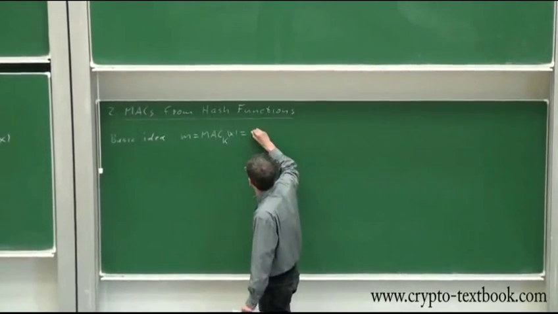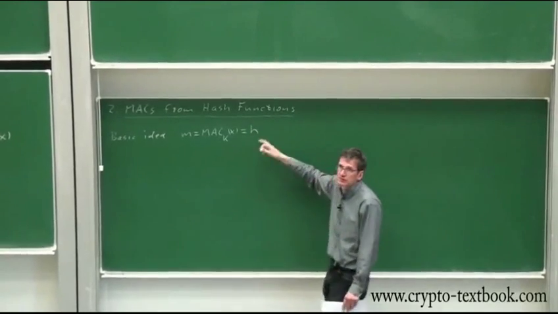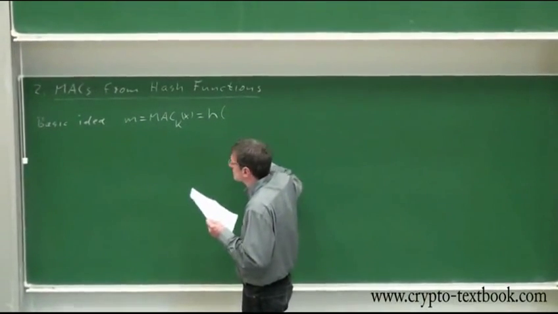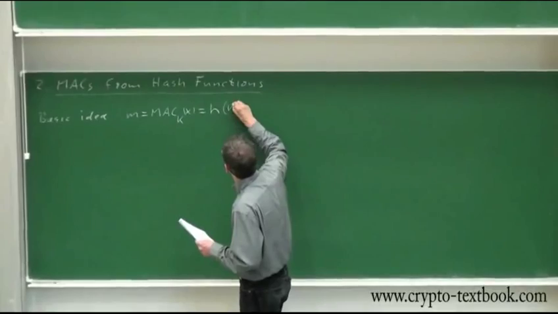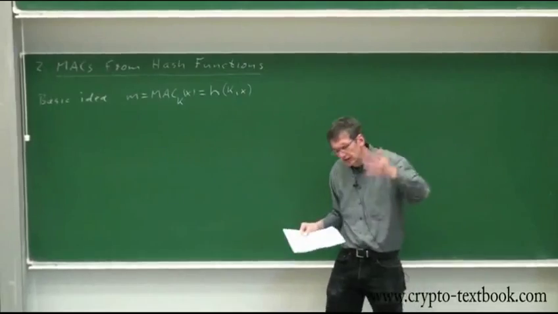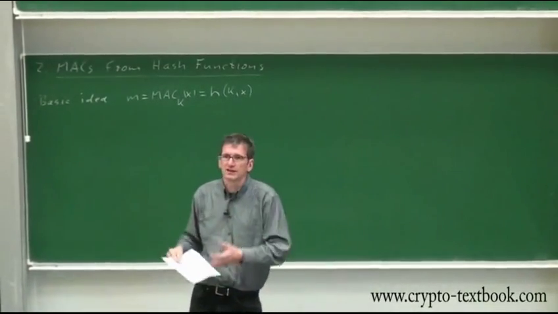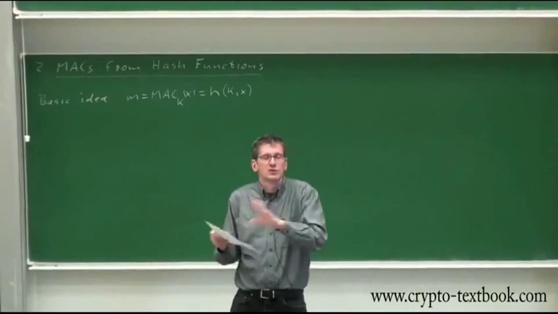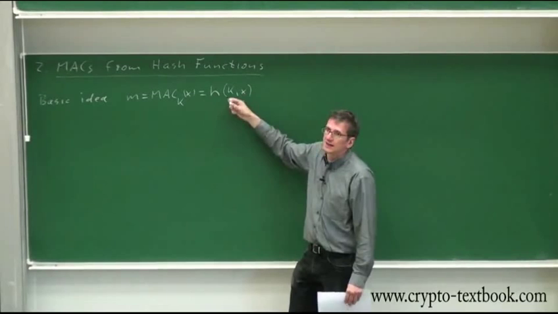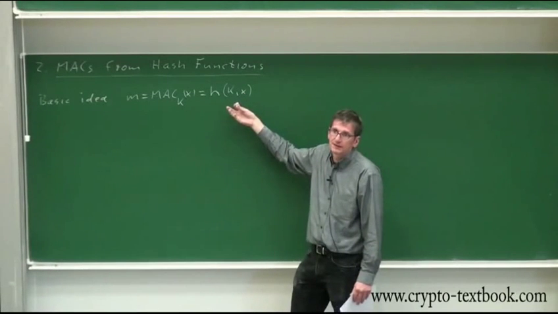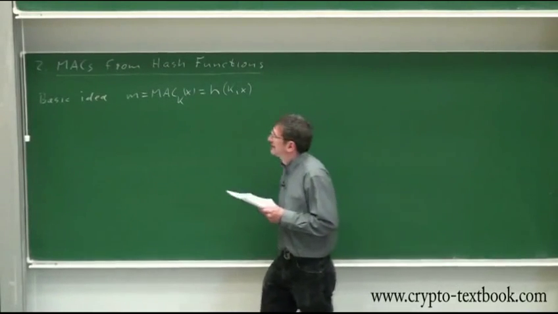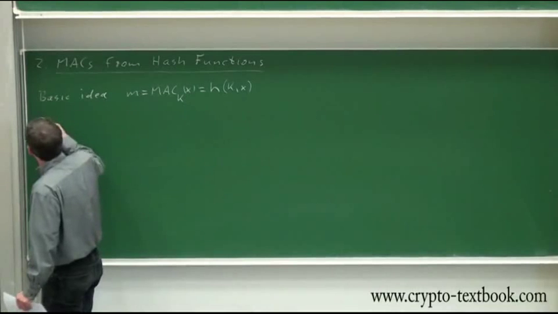And what we now want to do is somehow use this hash function, which we just call H. We use K and X as the input to the hash function. Hash functions are really good with scrambling things together, and we get an output M that is a function of both X and K, and it's really hard to attack the system because hash functions have all these nice properties. That's the basic idea.